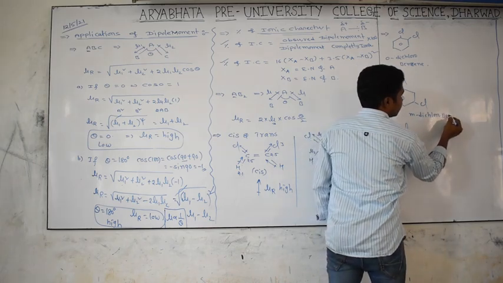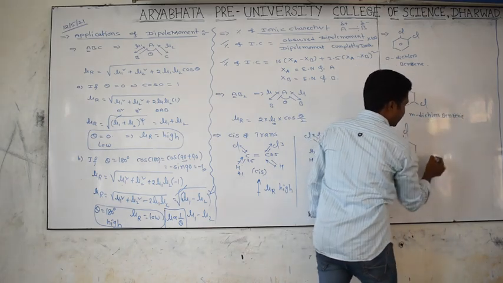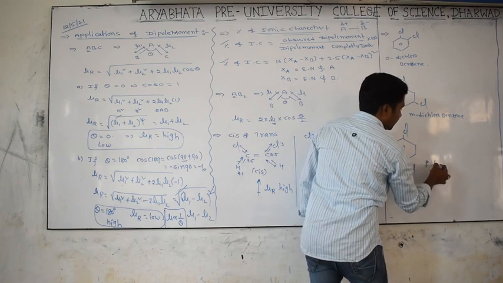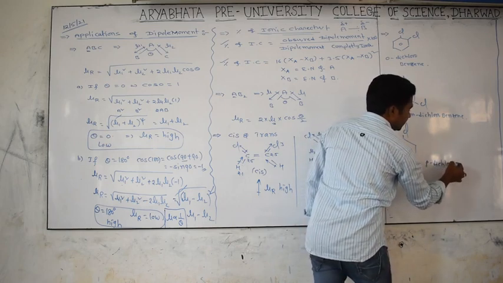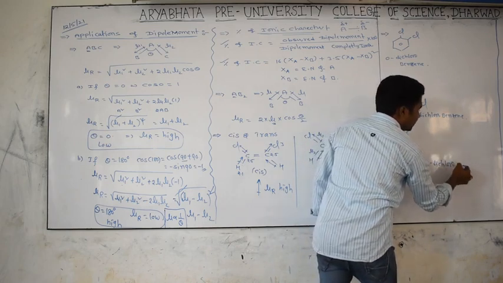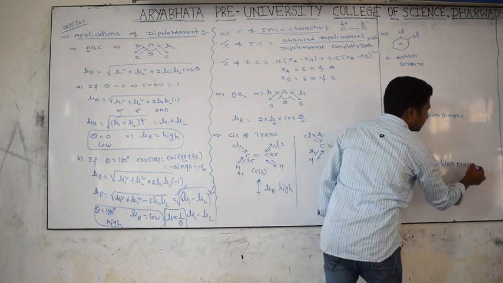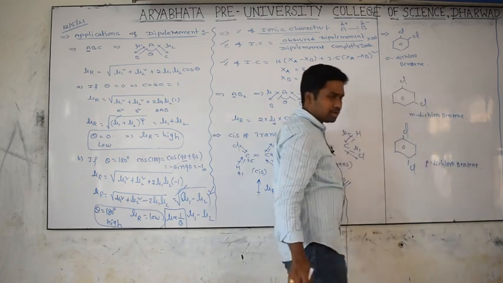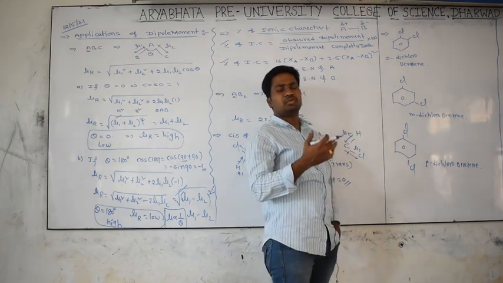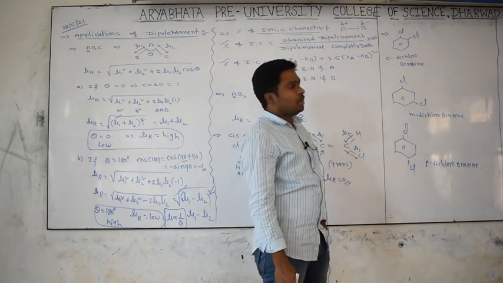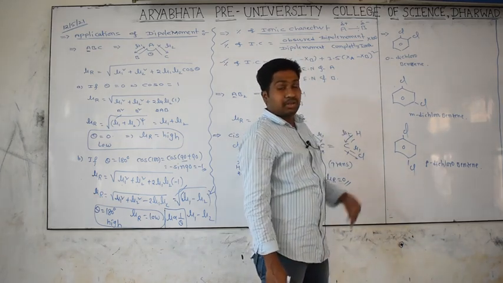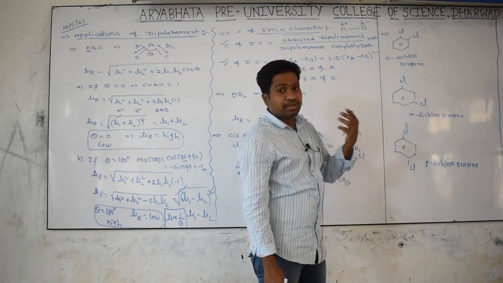Yes, all have the same molecular formula and the same physical and chemical properties, but how can you distinguish whether it is ortho, meta, or para? Only the position is changing. Based on the dipole moment concept, we can distinguish them.